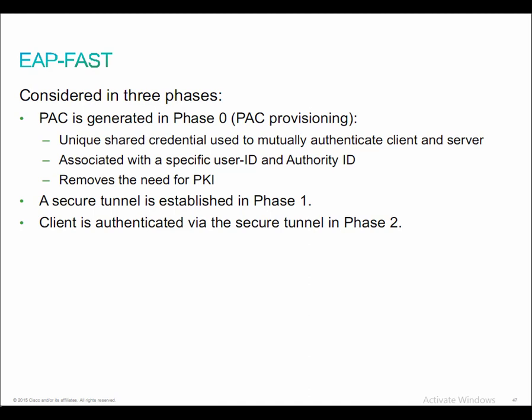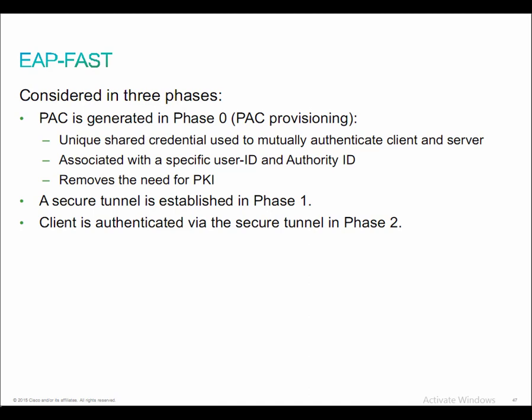In Phase 1, the AAA server and the end user or the client use this PAC to authenticate each other and establish the secure tunnel. Very similar to TLS, to verify the identity of the AAA server, to establish a secure tunnel between the client and that server, and so on. The PAC actually replaces the digital certificate that was used in EAP-TLS, eliminating the need for public key infrastructure or the need to manage these certificates.